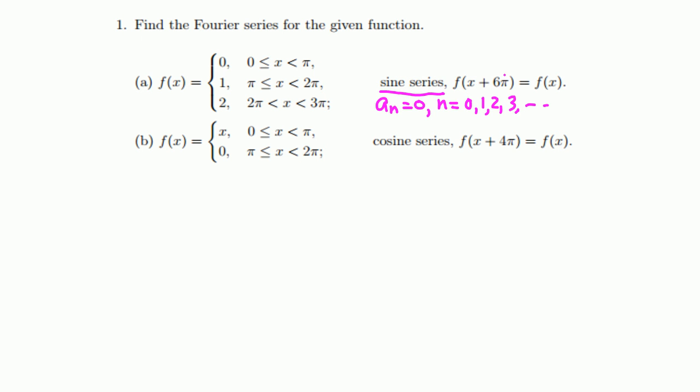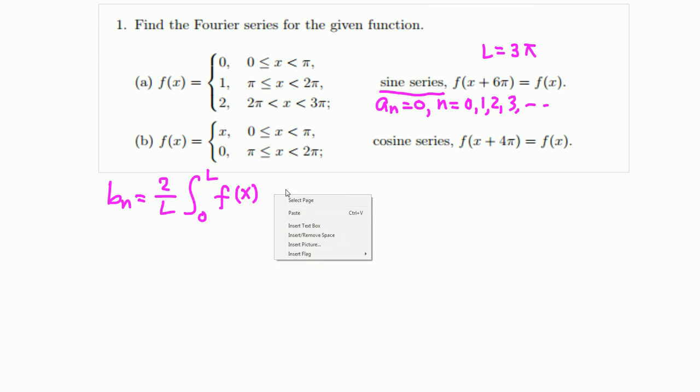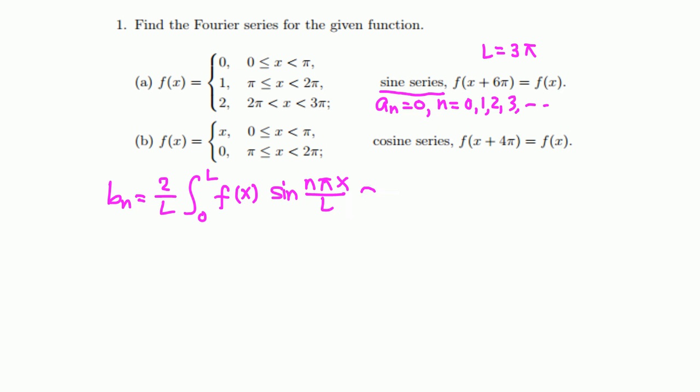Okay. The period is 6 pi. So half of the period is now 3 pi, because this is 2L. Now we need to find BNs. So BNs are found by the formula 2 over L, integral 0 to L, fx sine n pi x over L dx.